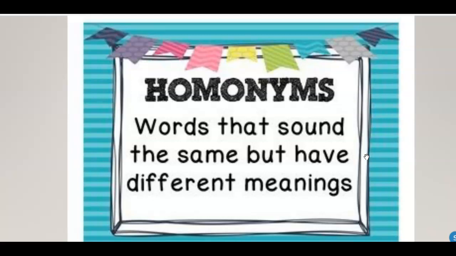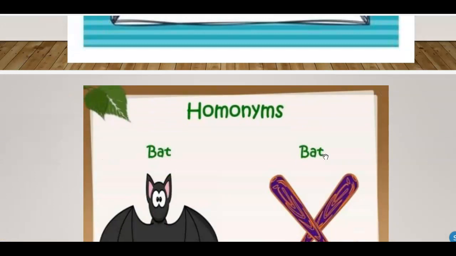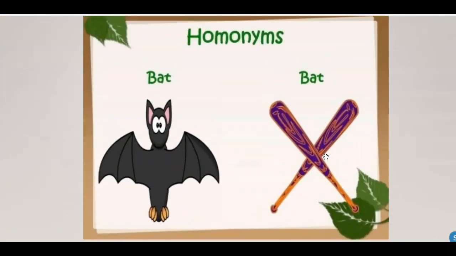As we scroll through the rest, there will be several more examples of the difference of homographs and homophones. Remember that both are considered homonyms. Homonym refers to both homophones and homographs. So it can refer to any words that sound the same or are spelled the same, but have different meanings. Like bat versus bat.